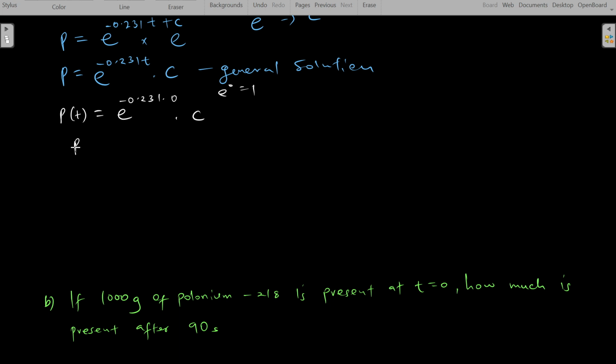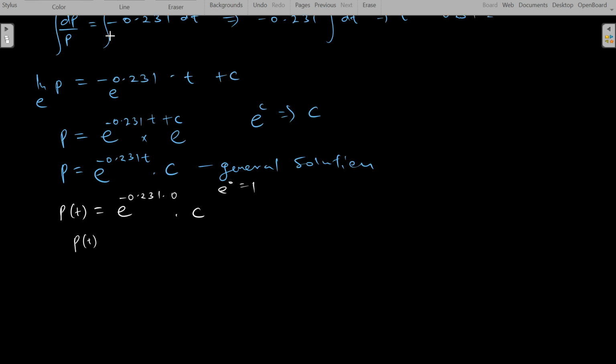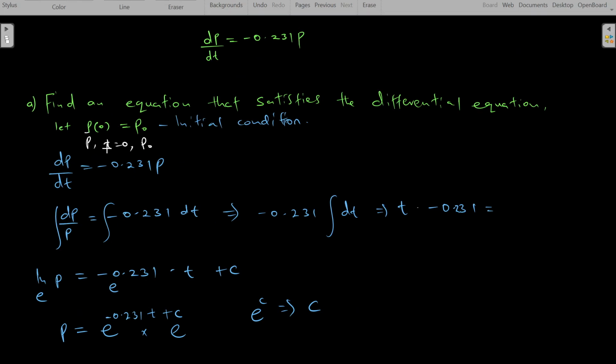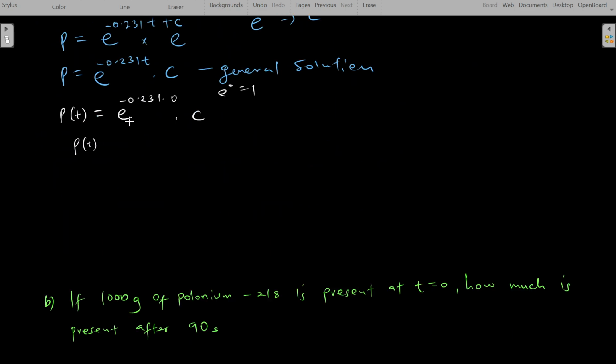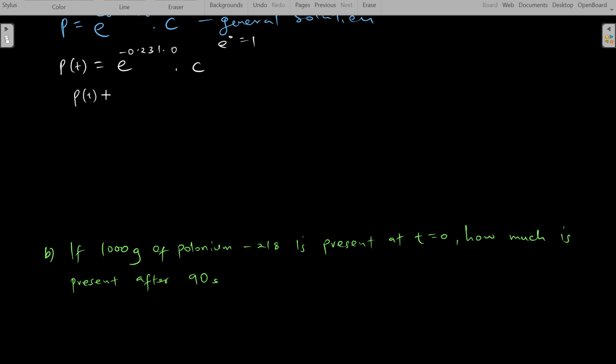So I'll get P of t, which we said equals P0. Remember, P of t when the time is equal 0 is the initial amount P0. So this is just the same as P0 where time equals 0. We should get our answer as C. So from this point we are getting C equals P0.